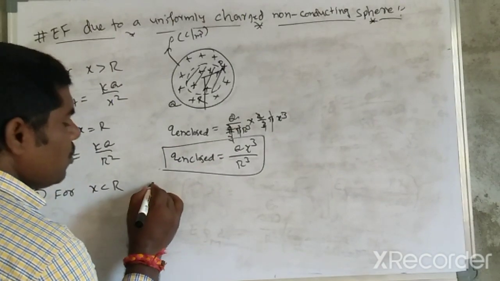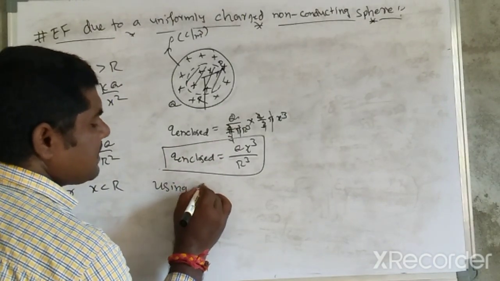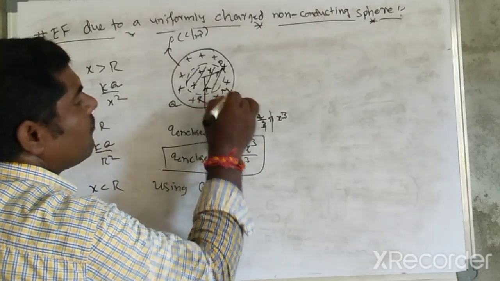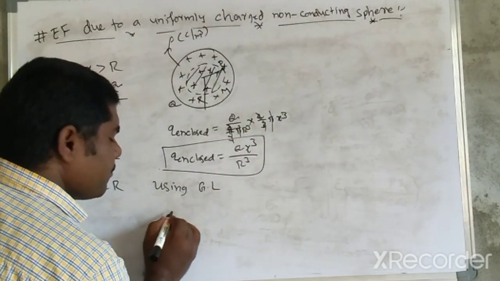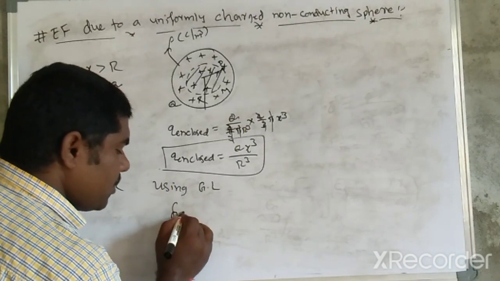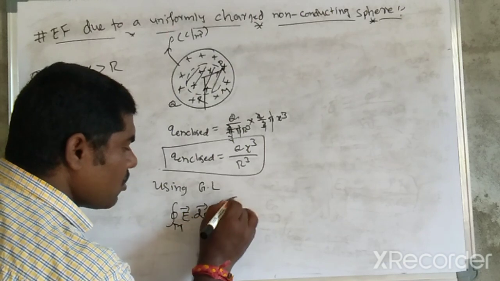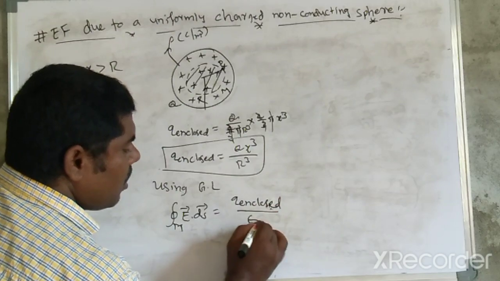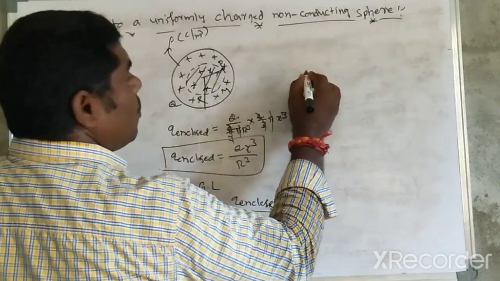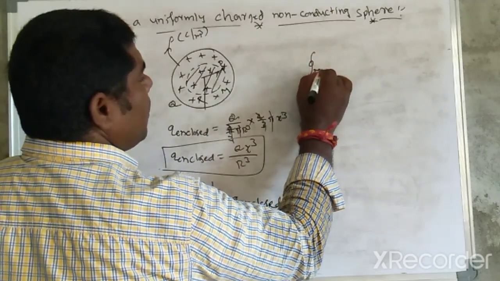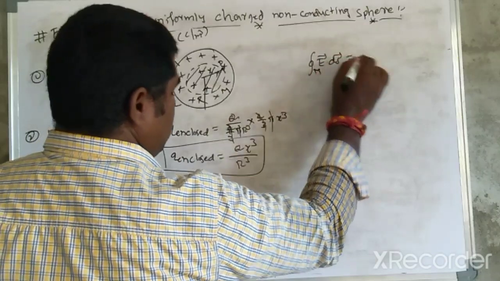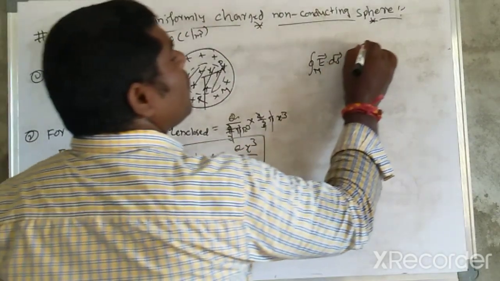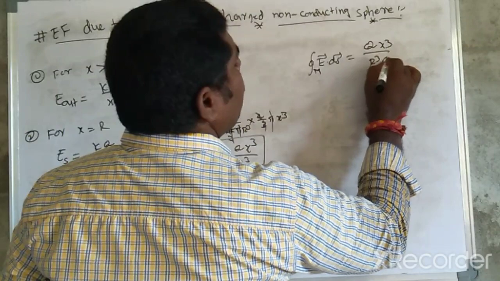So according to Gauss law, for surface M, the closed integral of E bar dot dS bar is equal to Q enclosed divided by epsilon naught, which is Q into x cube divided by R cube into epsilon naught.